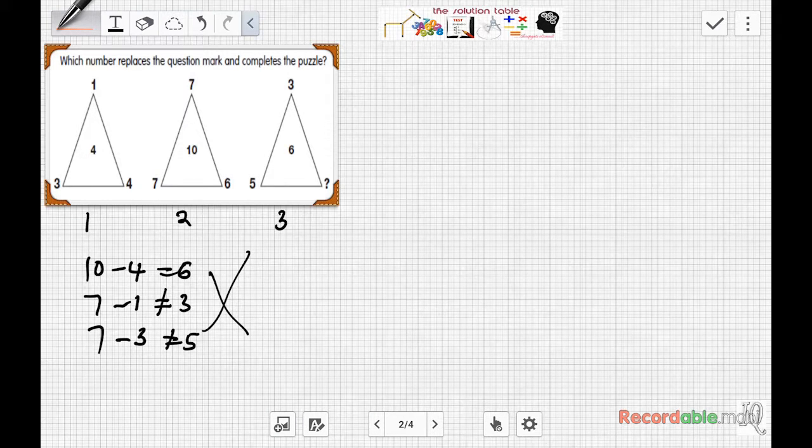Now let's analyze the numbers on the various triangles to find if there will be any connection among the numbers. You can see from the first triangle that when you take 1, 3, and 4, the sum of these numbers will have a connection with the middle number, because when you add 1 plus 3 plus 4, the sum is 8. 8 has a connection with 4 over here, and that is when you divide 8 by 2, the result gives us a 4.